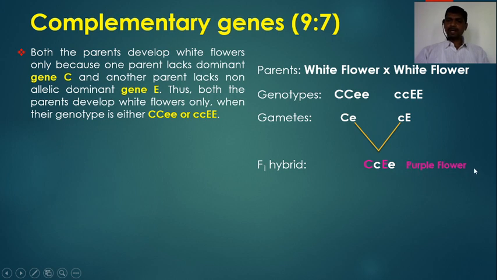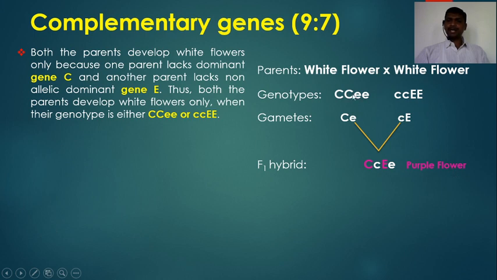So the purple flower is produced because the two dominant alleles of two different genes are present here. The genes are C and E, and the dominant allele for both genes has been present in the F1 hybrid, due to which the F1 hybrid has purple colored flowers.